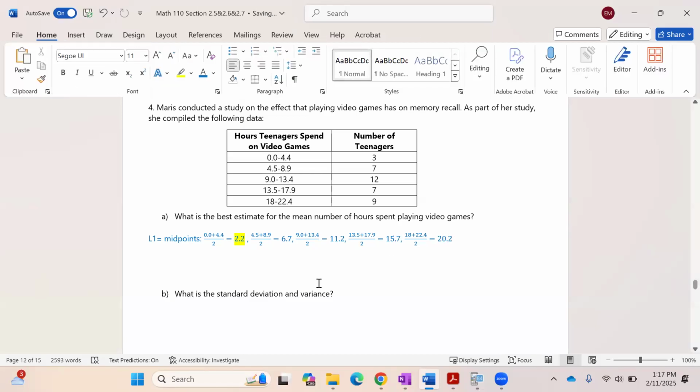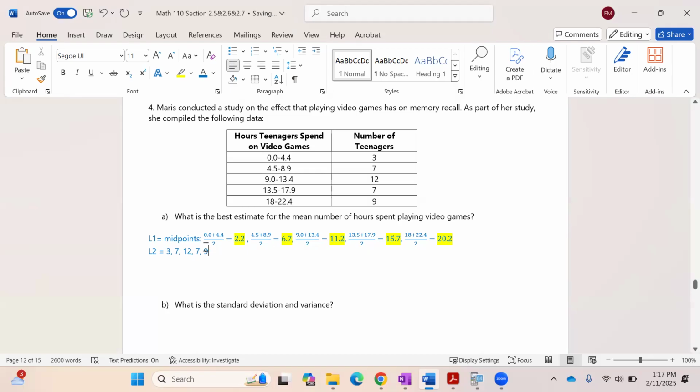Okay, so all of these are our midpoints, and these all go into our list one. And then our list two is the number of teenagers, so our frequency. So it would be 3, 7, 12, 7, and 9.